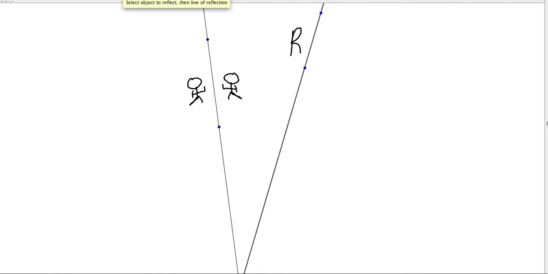Okay, doesn't like me. One more try, then we'll switch. There it is. So that R has been reflected on the other side, and that R has been flipped over this line.